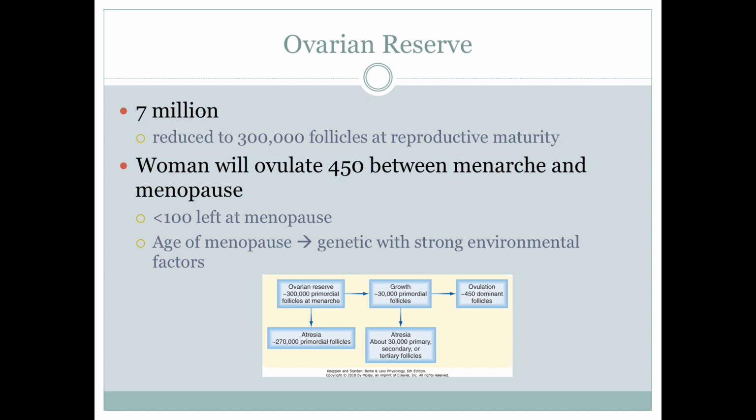Reproductive maturity has been achieved when puberty is over, which for females is pretty young. It's between like 12 and 14, sometimes 16, very rarely 17 or 18. So that's not always the best time to start a family, but that's usually when there's the most follicles, about 300,000. Then it's not a magic age.